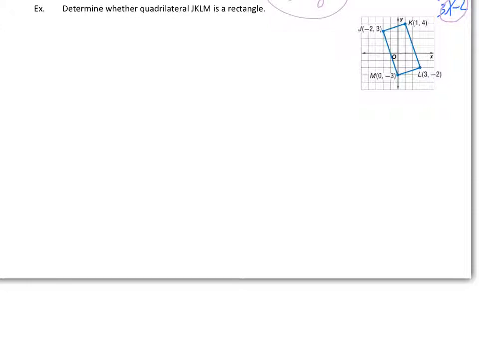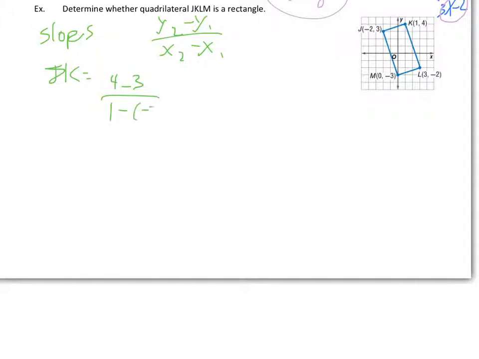So let's start out by looking at the slopes. We'll start with JK. Slope formula, you recall, y2 minus y1 over x2 minus x1. We'll say 4 minus 3 over 1 minus negative 2. That simplifies to 1/3.